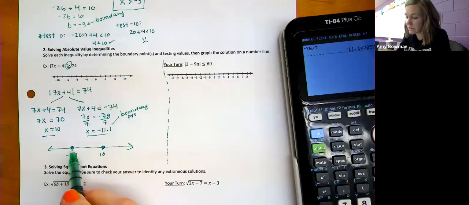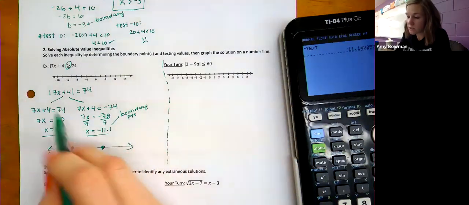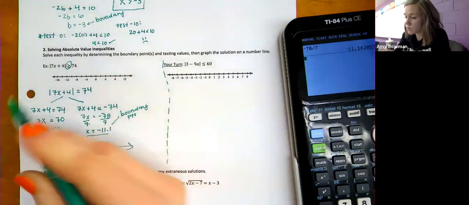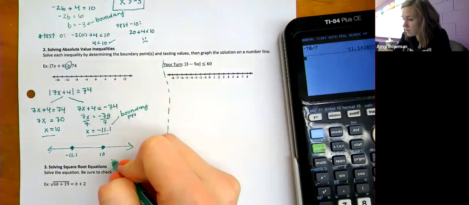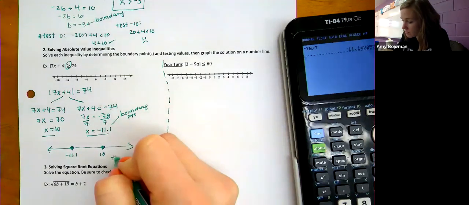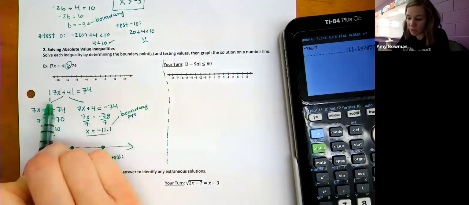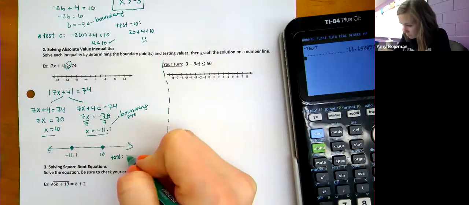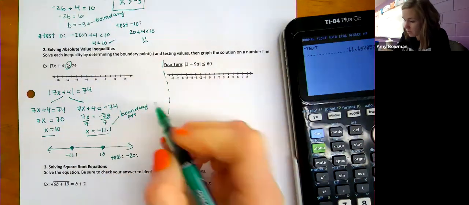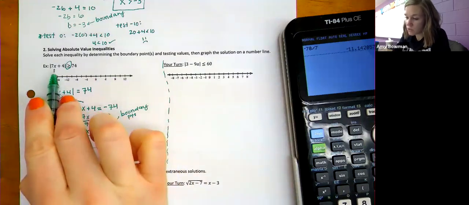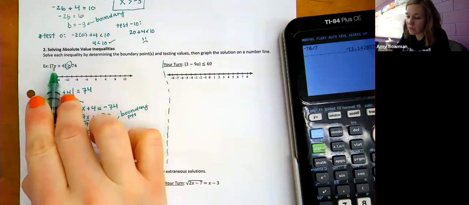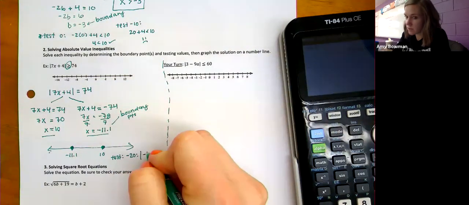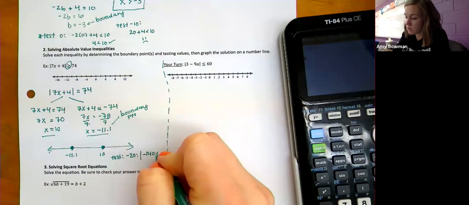So let's find out if something less than negative 11 works with my original inequality. It all goes back to my original. I'll do negative 20. So test negative 20 first. I like to do simple numbers to multiply by 7. I can multiply 7 by 20. That would be 7 times negative 20. So 7 times negative 2 is negative 14. So 7 times negative 20 is negative 140, plus 4.